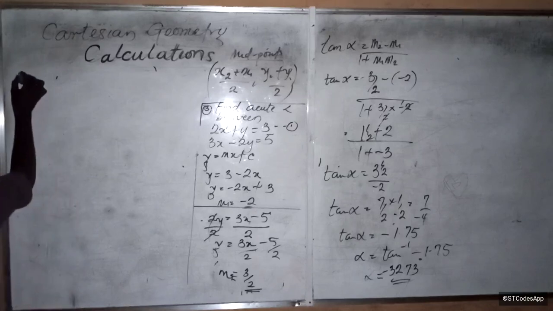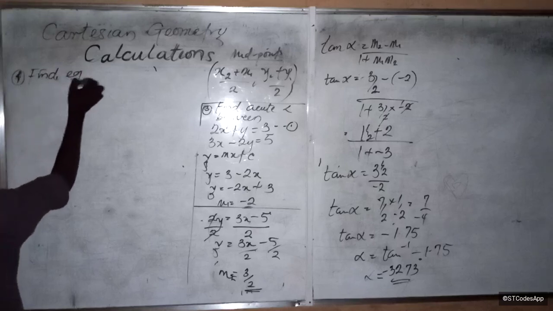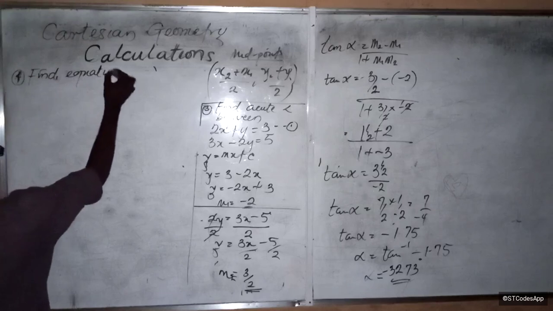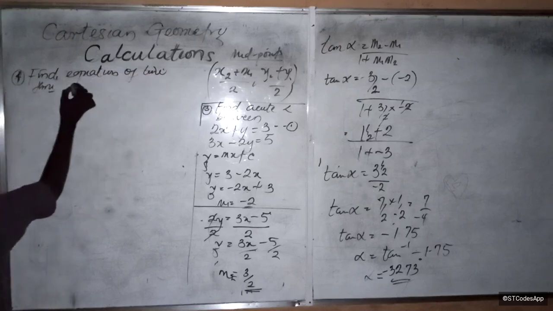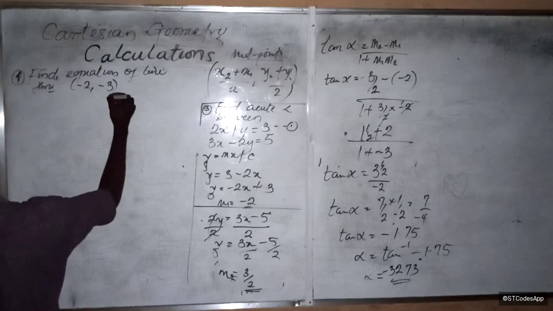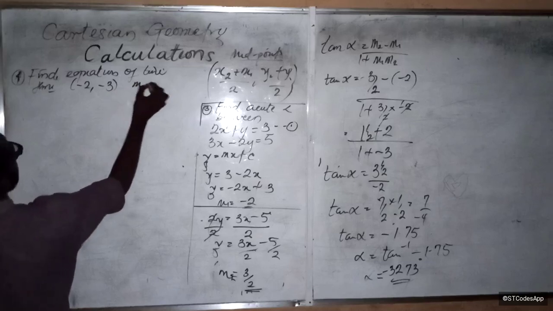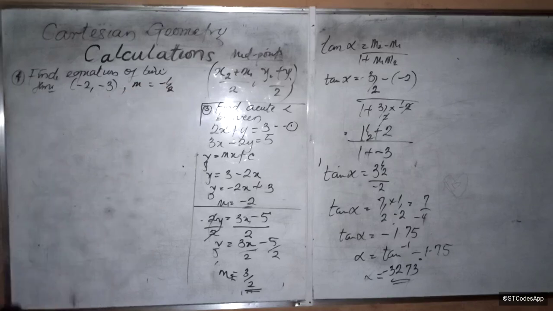That is number 4, find the equation of the line passing through point -2, minus 3 with gradient minus 1 over 2. So this is the gradient and 1 point method.